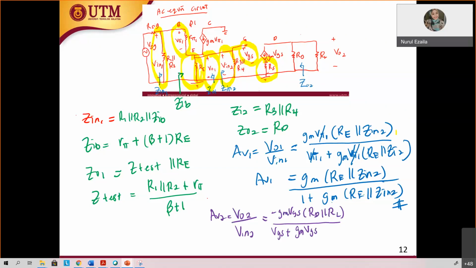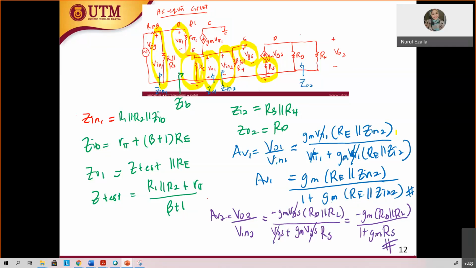Voltage across RS is equal to GM VGS RS. Cancel out VGS. So you will get negative GM RD parallel with RL over 1 plus GM RS. Okay, that's it.